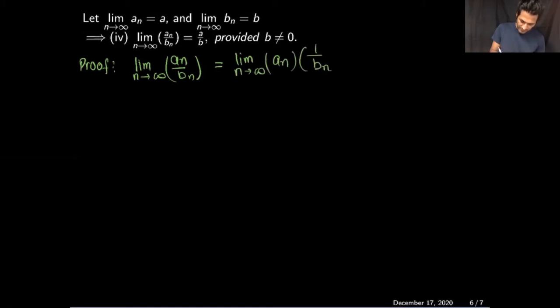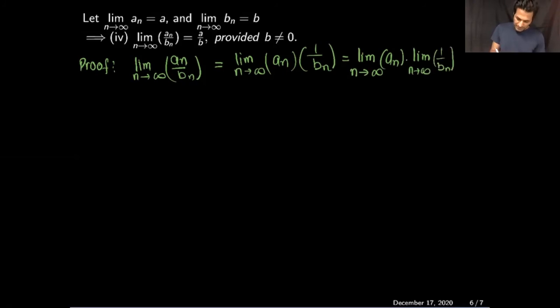So I can write this quotient as an times 1 over bn. But we have already proved that the limit of the product is the product of the limits. So property number 3 of this theorem says that this will be the limit of an times the limit as n approaches infinity of 1 over bn.